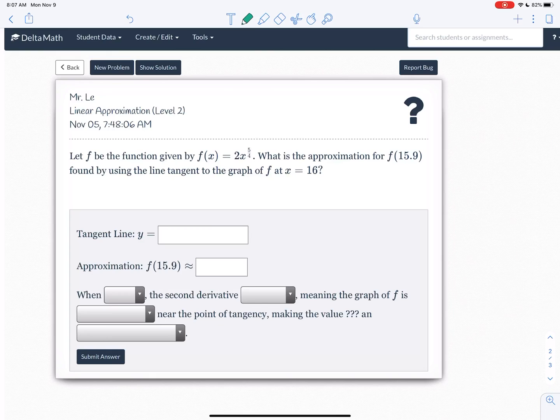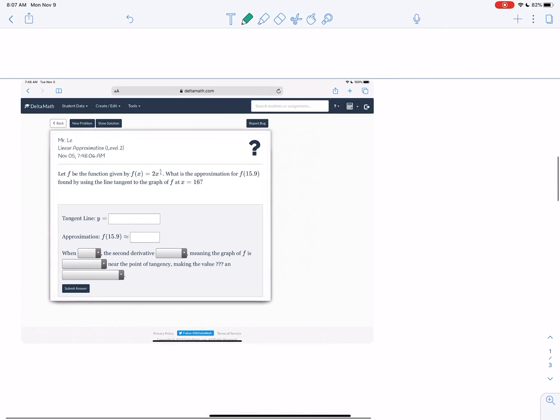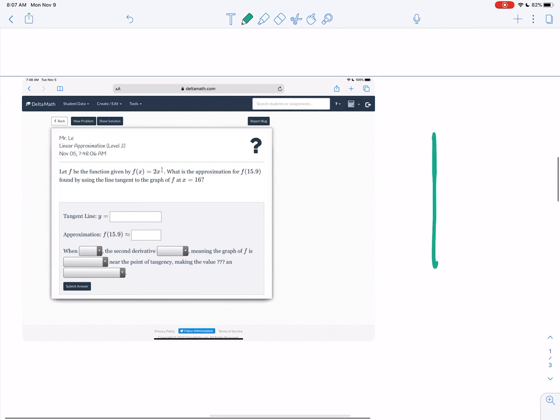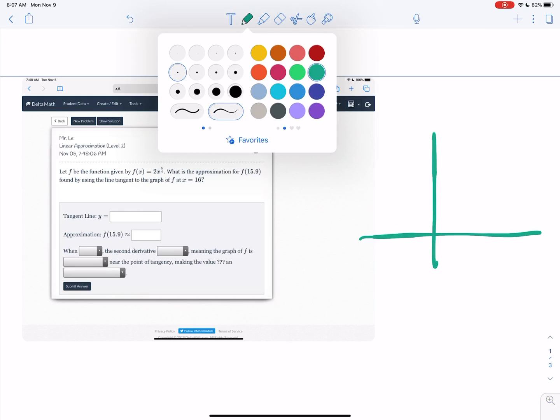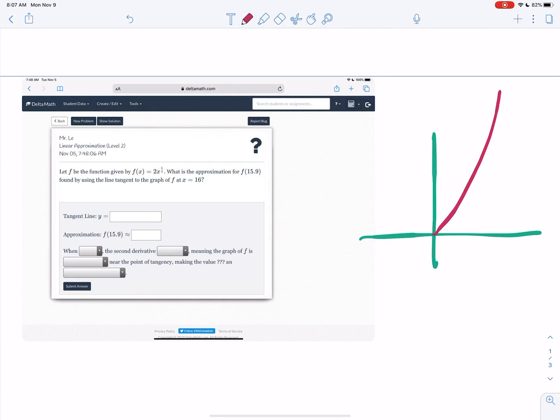I'm going to go ahead and hit graph. You'll get something that kind of looks like, oh gosh, something like this. Kind of looks linear, but it curves a little bit.